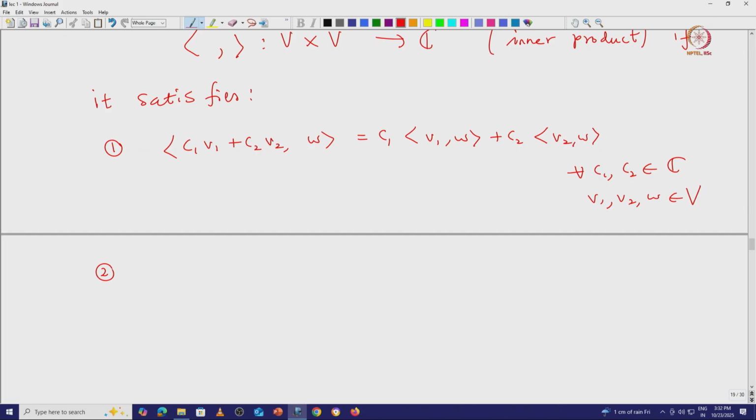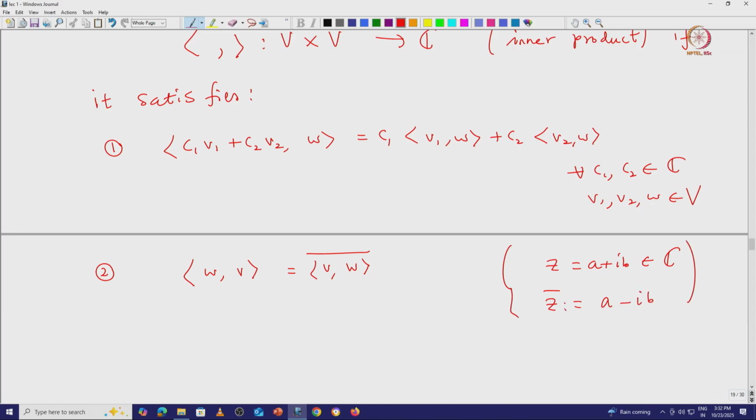Now, the second condition is conjugate symmetry. The inner product of w, v should be equal to the conjugate of the inner product of v, w. Note that given a complex number z equal to a plus i b, the conjugate is defined to be a minus i b.